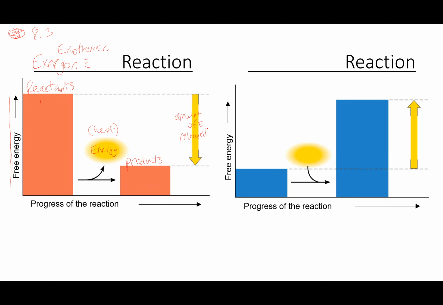And we call the form of energy that we're talking about here delta G, free energy. So delta G is the amount of energy that can actually be used for work. So we're talking about useful energy, energy that can be used to perform some kind of work.